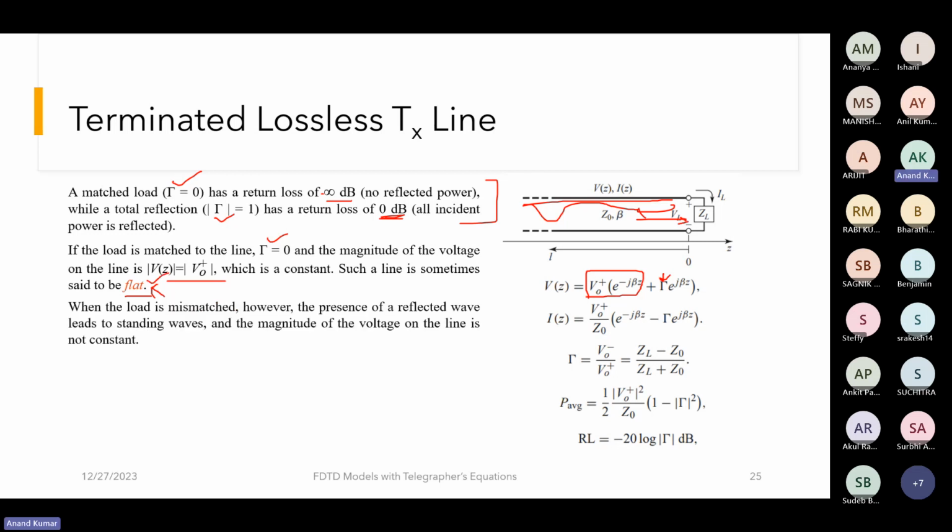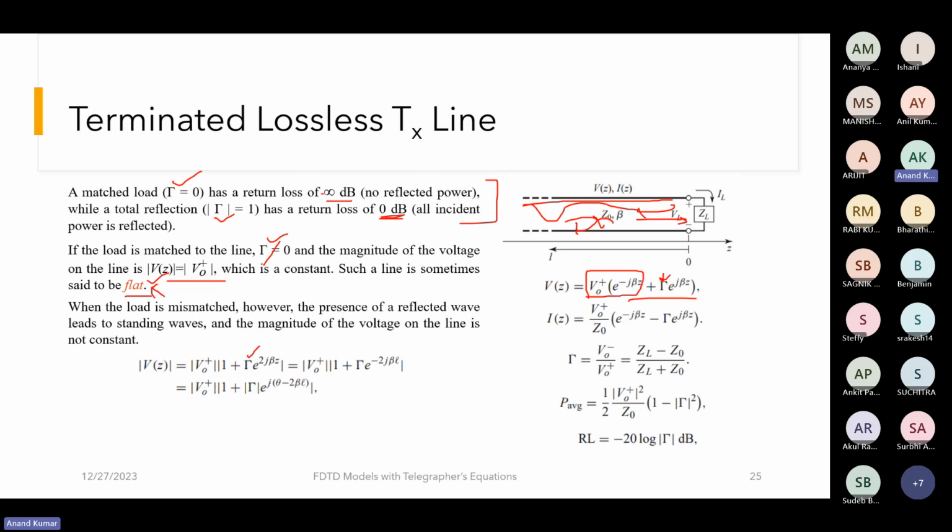And if the load is mismatched, that is, we have gamma not equal to 0, in such cases there will be the presence of an incident wave and a reflected wave. In that case, the magnitude of voltage on the line will not be constant. So we can try to write that. The voltage expression is given over here, and let's just take the magnitude of this.